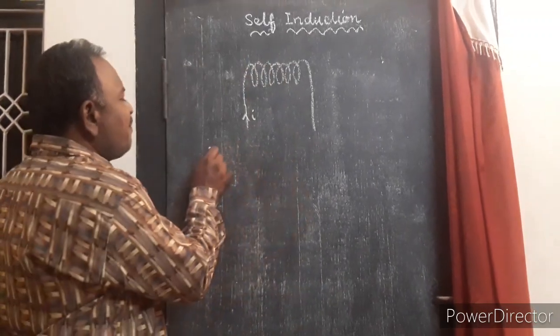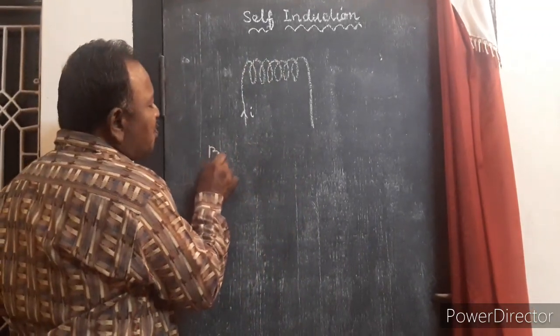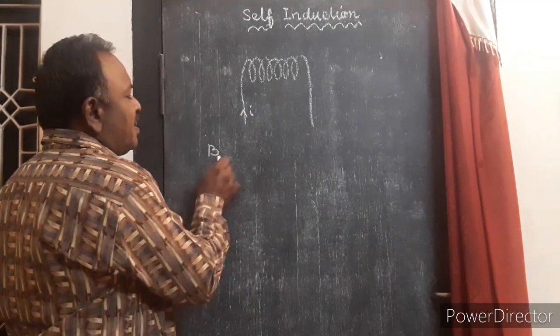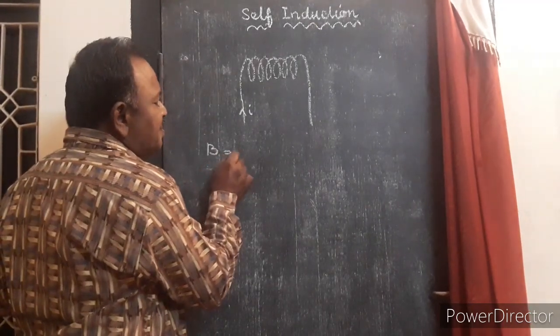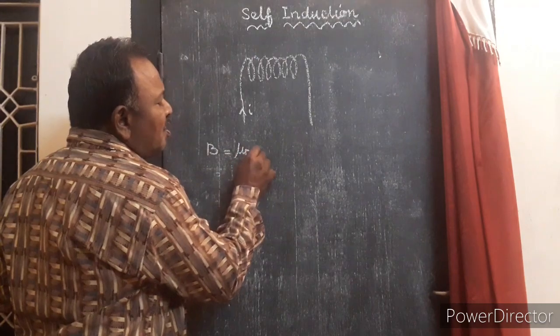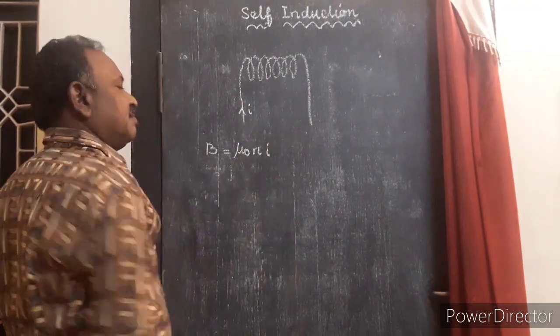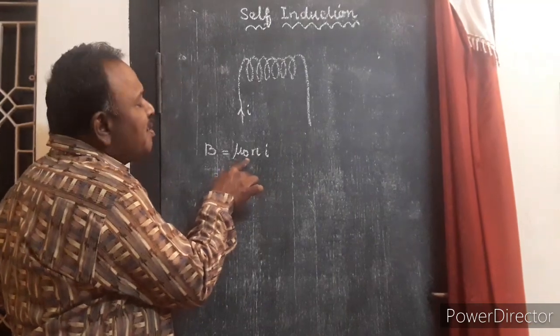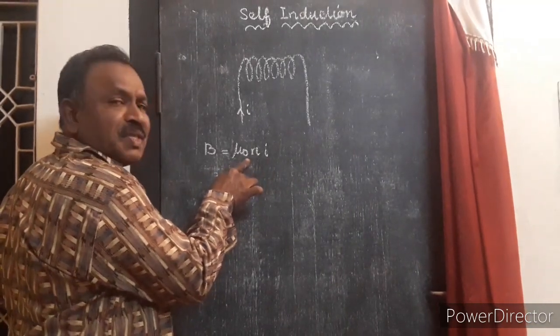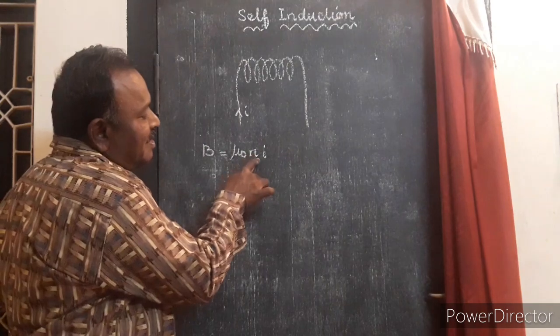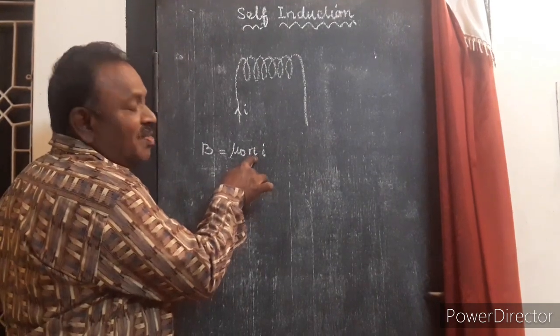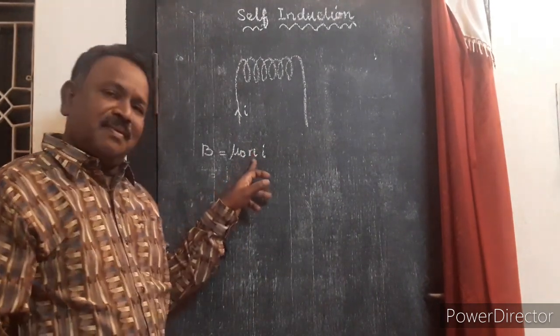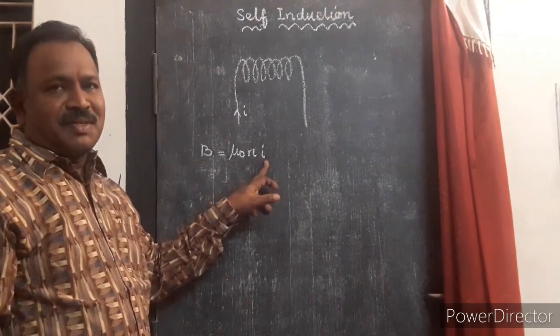The magnetic field produced by this solenoid is given by B equals mu naught n I, where mu naught is the permeability of free space or vacuum, n is the number of turns per unit length, and I is the current.